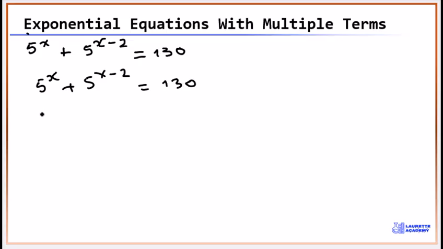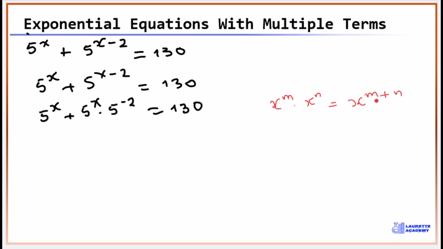So we can write this as 5 to the power x plus 5 raised to the power x times 5 to the power minus 2 is equal to 130. Again, we're using the rule that says x raised to the power m times x raised to the power n is equal to x raised to the power m plus n.